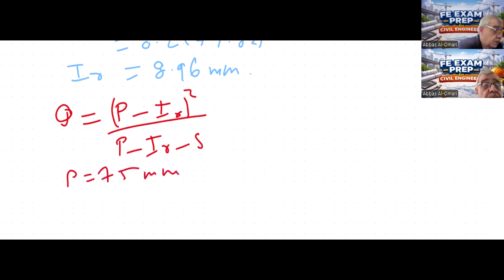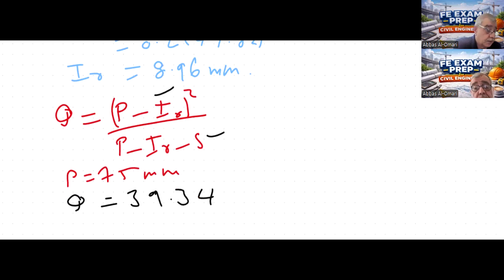We calculated the initial abstraction, which is 8.96, and the storage, which is 44.82. We substituted the numbers, and we get the direct runoff equals 39.34 millimeter.